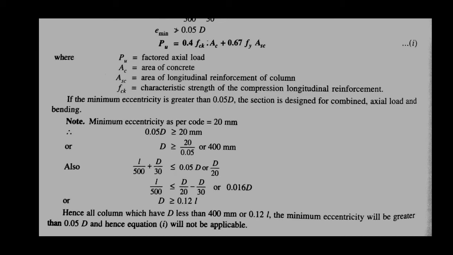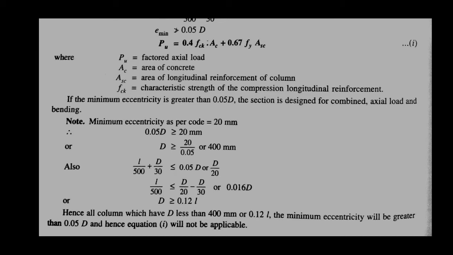So, D is greater or equal to 20 by 0.05, or 400 mm, and here D is lateral dimension, as you know. Also, L by 500 plus D by 30 is less or equal to 0.05 D, or D by 20.